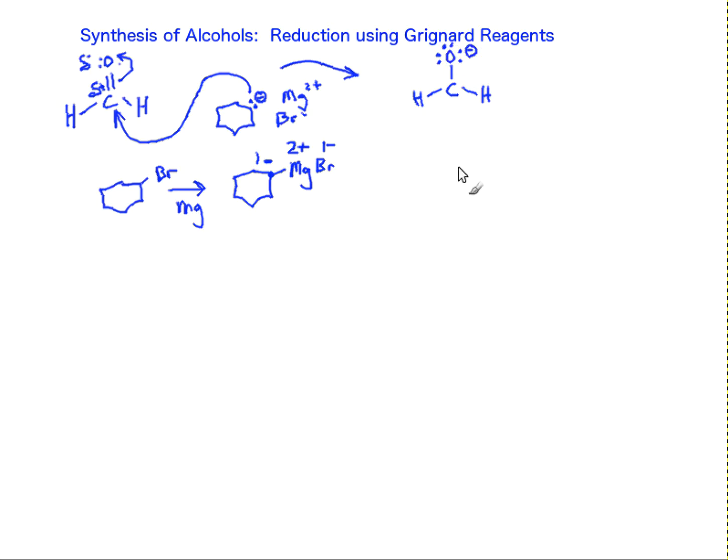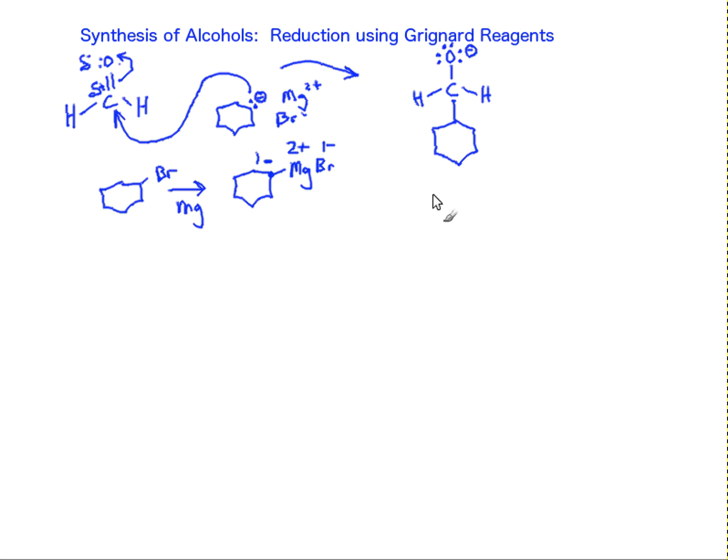Negatively charged alkoxide. In this case, our nucleophile isn't a hydride. We're making a new carbon-carbon bond. These electrons from our carbanion, our Grignard reagent, are going to be used to form this bond right here between that alpha carbon and the carbonyl carbon. So we're bringing along, in this case, a cyclohexane ring.